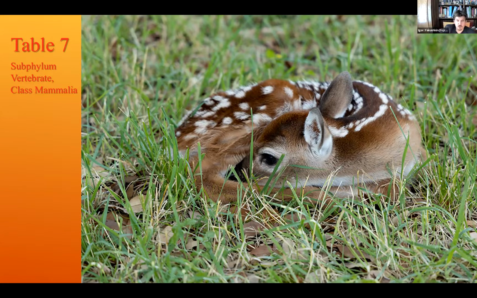To reproduce. They lay eggs in the water. The little ones develop in the water. They have to have water to reproduce, and the initial development cycle happens in the water. And we are done with the lab.